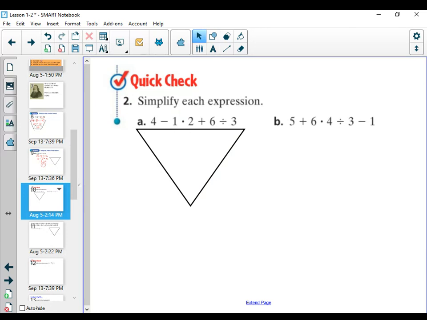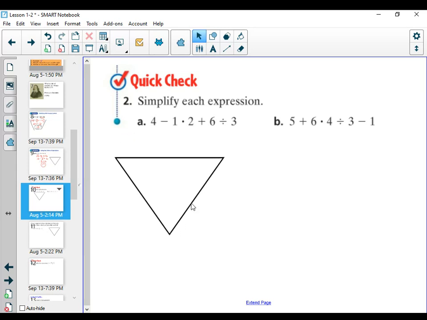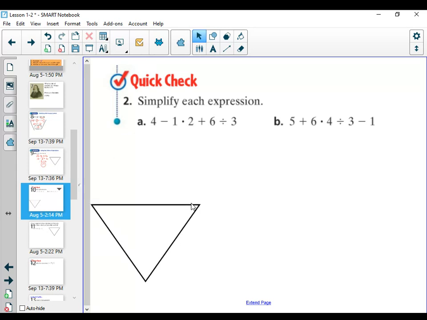Next 2 problems. You should pause right now and take a minute or 2 to work. I'm going through my checklist.